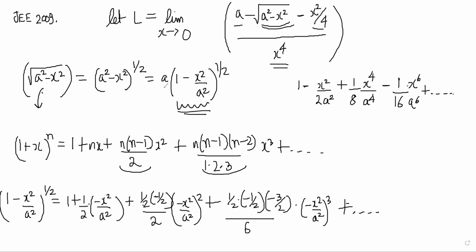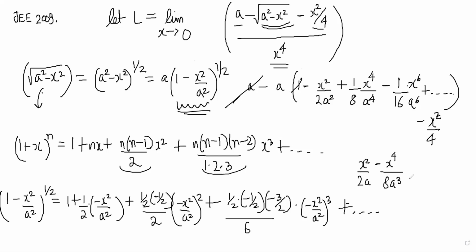So right now I've expanded this. I have to multiply it by a. And I have to subtract this from a, and I have to subtract x square by 4 also. So a minus a will cancel the first term, and you get plus x square by 2a, minus x power 4 by 8a cube, plus x power 6 by 16a power 5 and so on.